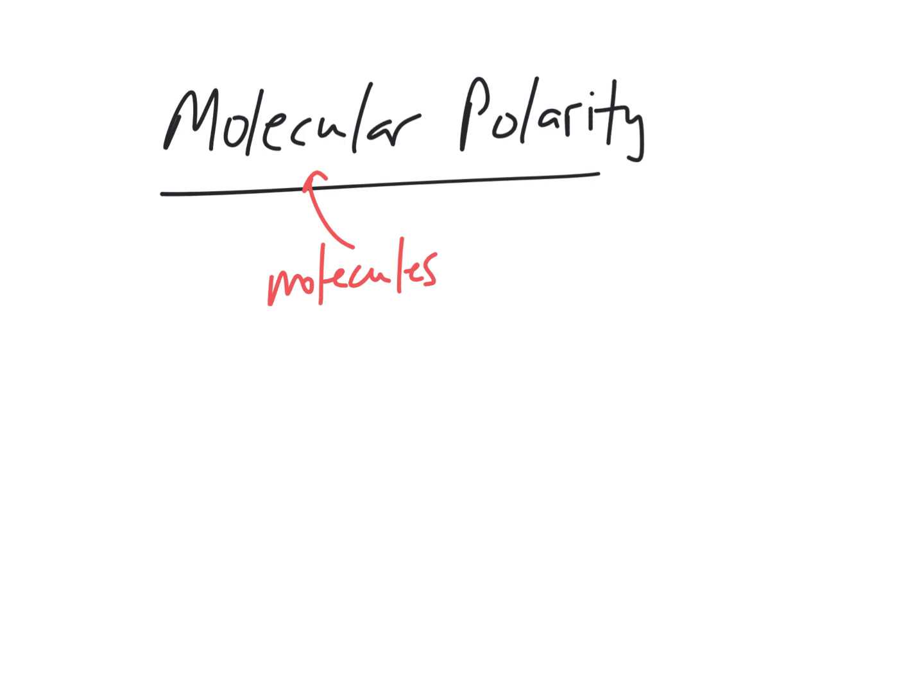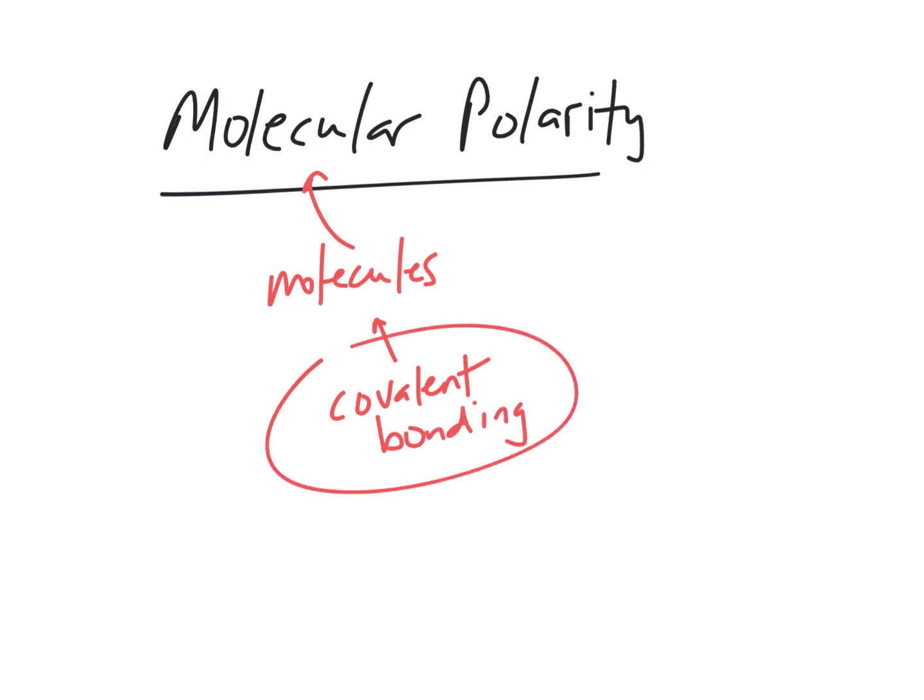Since we're talking about molecules, it's really important you have a robust understanding of this vocabulary term. When you see the word molecules, you should realize that these are small single units that have covalent bonding in them, okay? This is not about ionic bonding. This has nothing to do with ionic compounds.